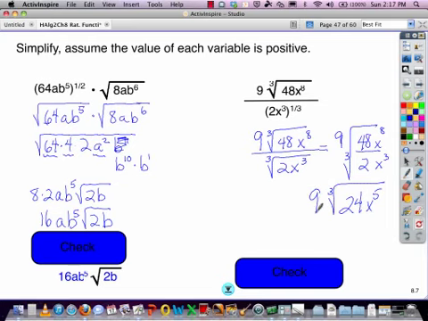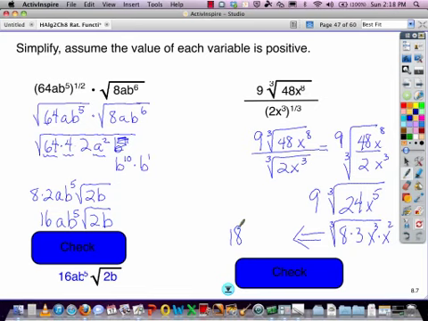So we've still got a cube root of 24x to the 5th with our 9 out in front. Now ask yourself, are there any perfect cube root numbers in 24? And you should be telling me 8. And there is one set of 3 in that 5 also. So we got some simplifying we can do, and if we go this way this time, that 8 would come out as a 2, but we already have a 9 out front, so that would make it an 18.